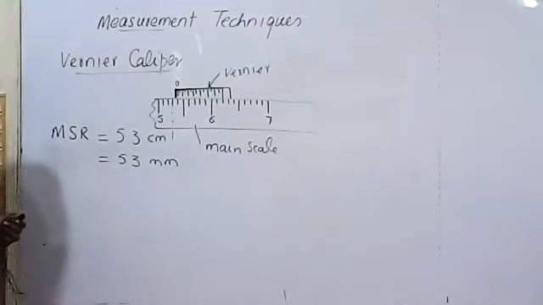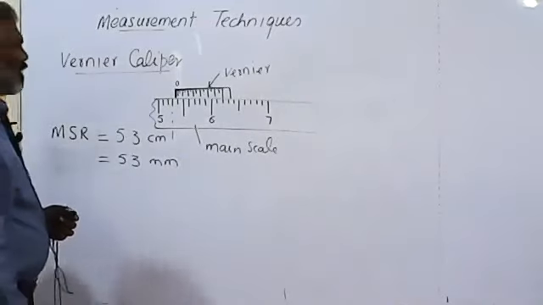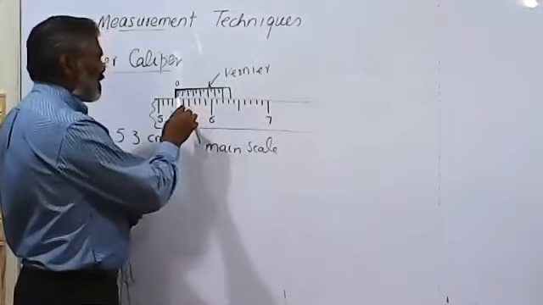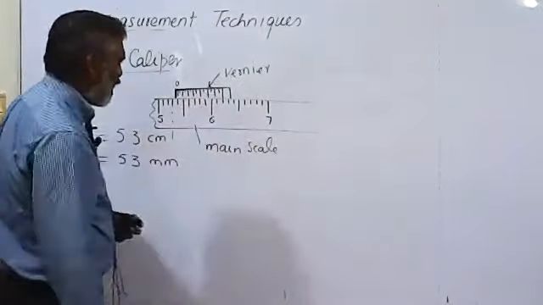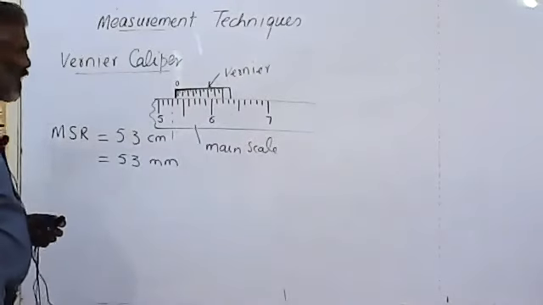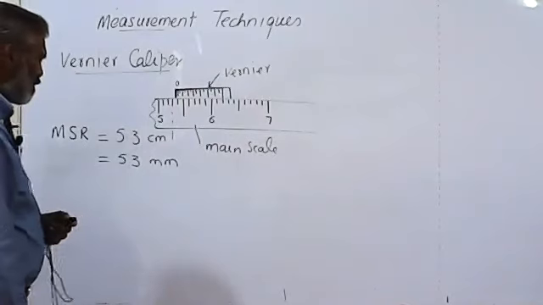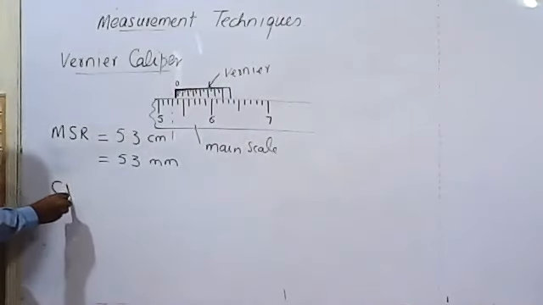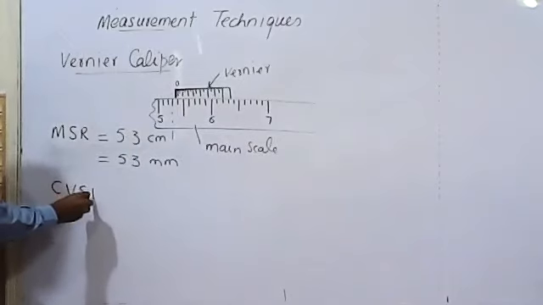Then the second thing to note is what is the division on the vernier scale that coincides exactly with any one of the main scale readings. That is known as the coinciding vernier scale division.